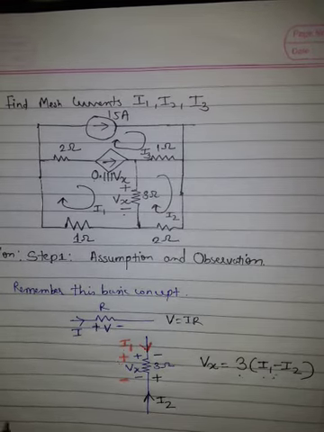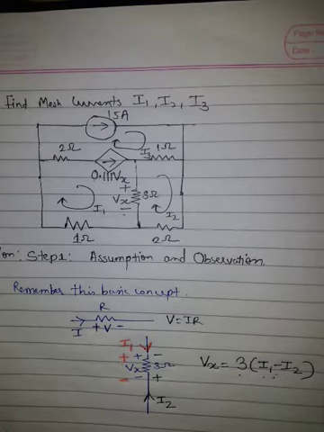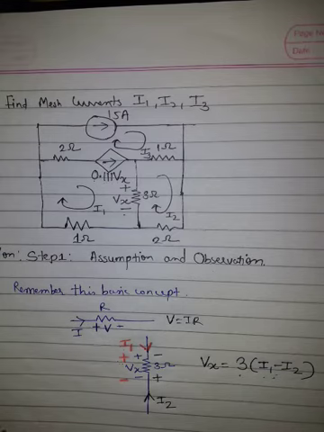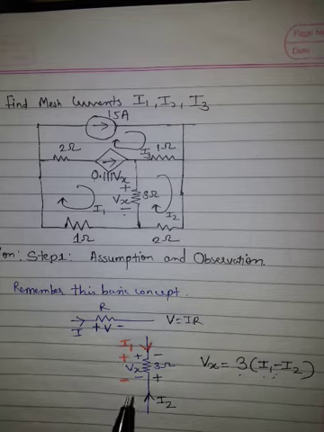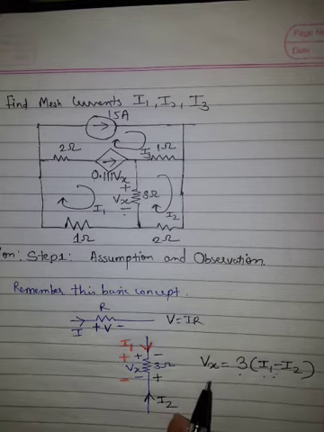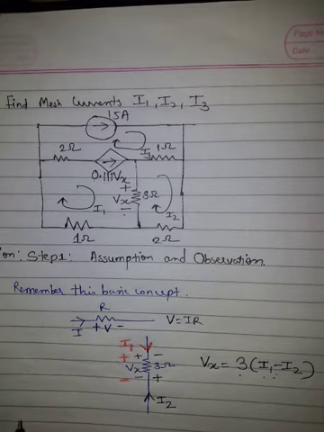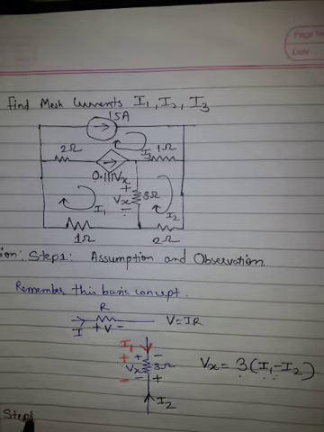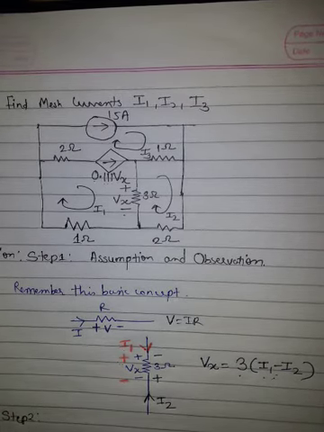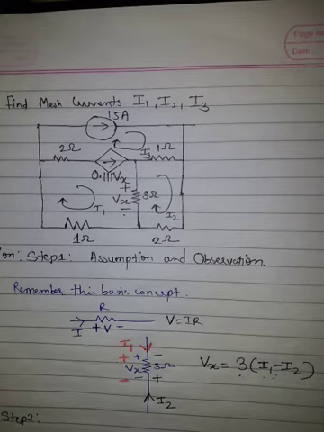Now this is the first step, assumption and observation. From this we have observed that the value of Vx is equal to 3 into I1 minus I2. Now step 2, we have to apply KVL in mesh 1, mesh 2 and mesh 3.